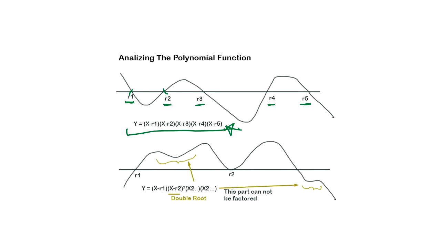Every root is touching the x-axis, right? But if we cannot factor into the single term, what happens? There is such a case that it comes down but goes up, it doesn't touch. Okay, and this case too.